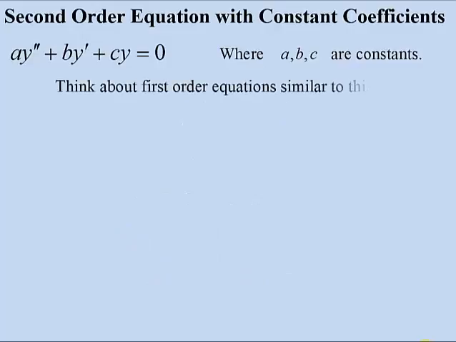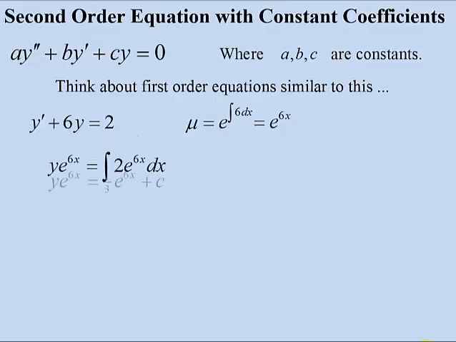Now, if you remember back to an earlier chapter when we were solving first-order linear equations with constants, we found the integrating factor, and when we found the solution, it had e in it. And so we're thinking maybe the second-order equation might have e's in it.